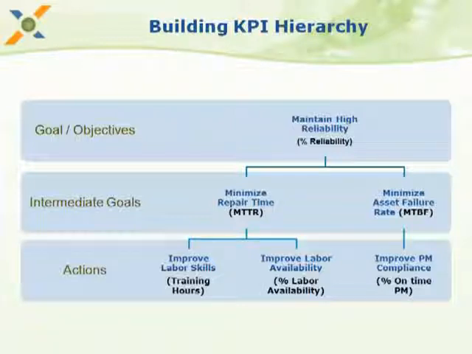Again, this is just an example, but in real life, you may have to build it based on your own scenario. The actions you can take are to improve labor skills and improve labor availability. These two actions will in turn help you with MTTR. This is the logic by which most of the strategy maps are built.